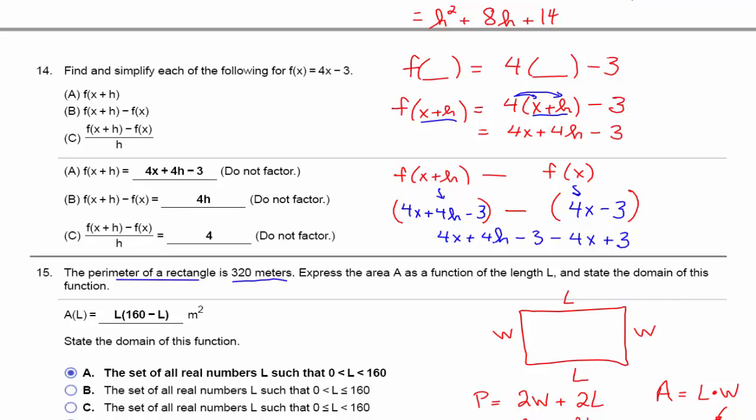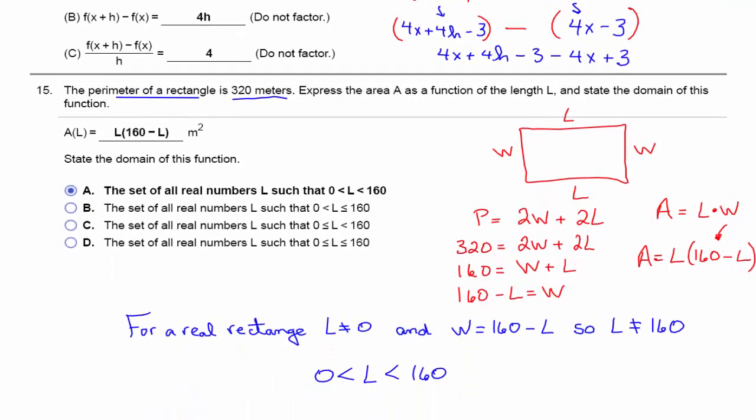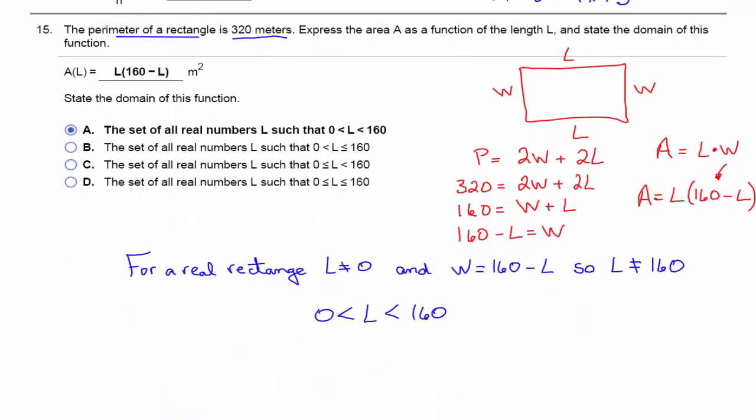And in our last problem, it's kind of a word problem, but we want to express this as a function. So I have the perimeter of a rectangle. Okay, so first off, let's draw our rectangle. Our rectangle has lengths and widths. Well, how do I get the perimeter?